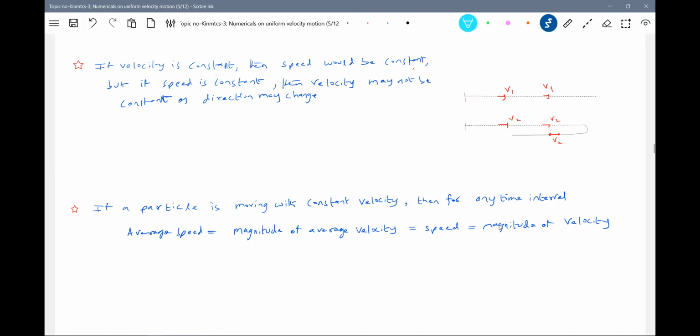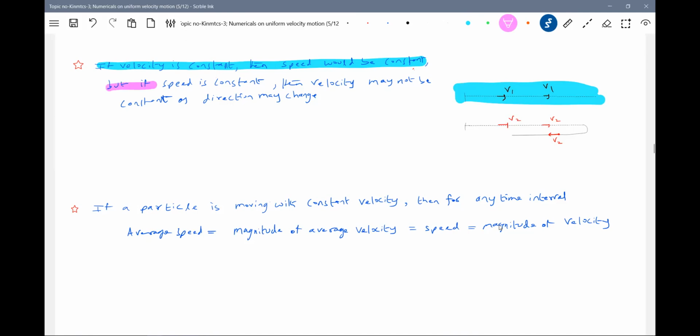So for this statement, there's a diagram. For this statement, there's a diagram.